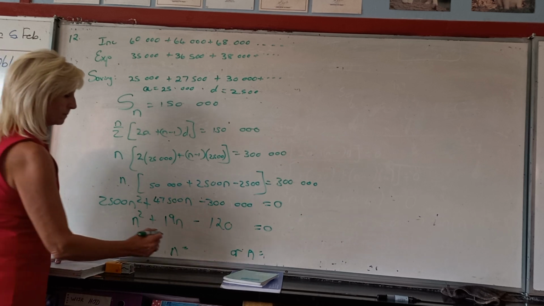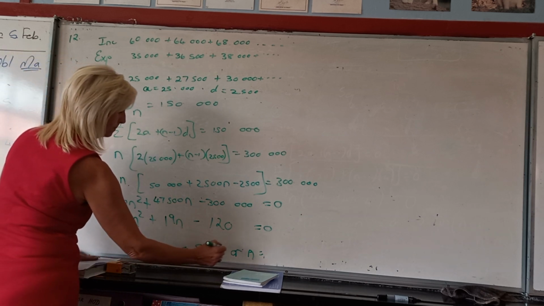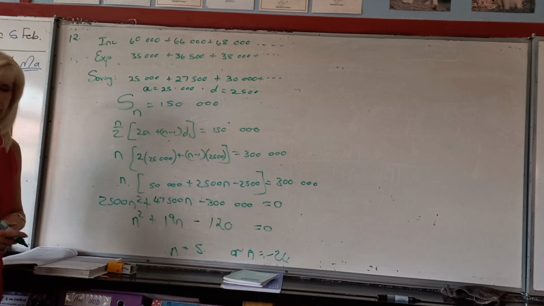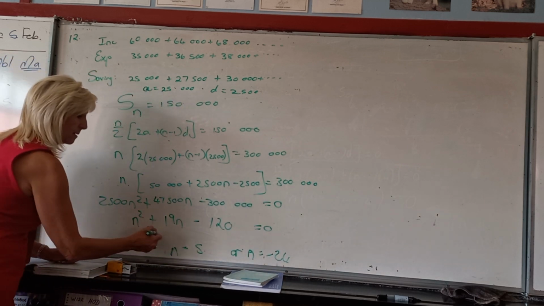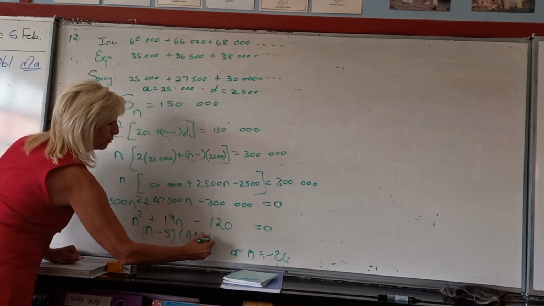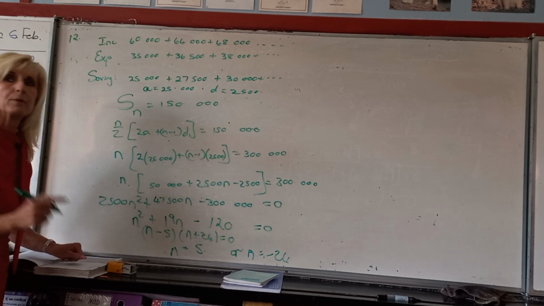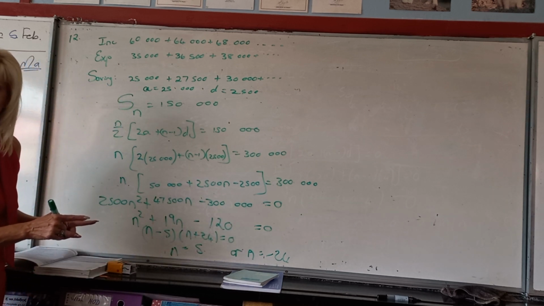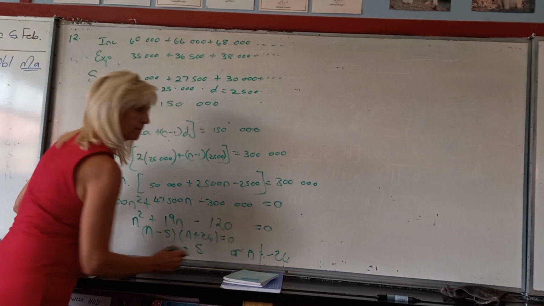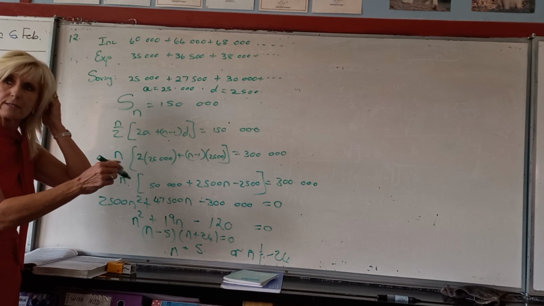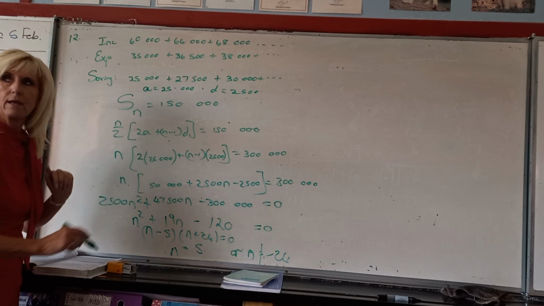I mean, n equals 5, or negative 24. Am I happy with this answer? No, I need the factors. n minus 5 and n plus 24. That's how the calculator helps me to cook it right. Still I'm not finished. Because I have to say, not applicable, not that one. Whether I say not applicable or scratch it out, I've got to choose and show them that I selected this one and not that one.